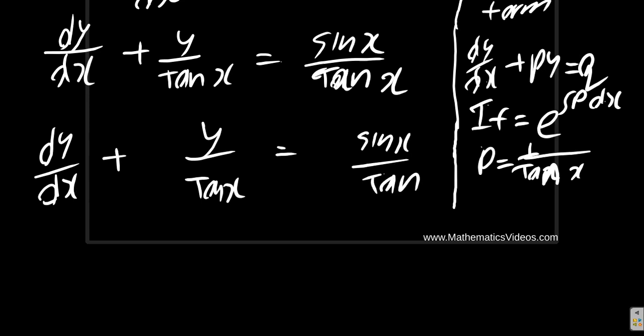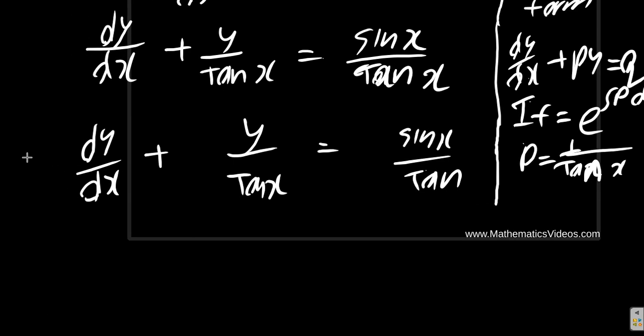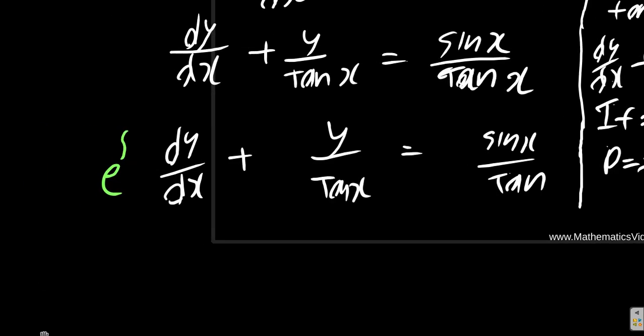But we multiply both sides by the integrating factor. So here we have e to the integral of 1 over tan x dx, and this is equal to e to the integral of 1 over tan x dx.